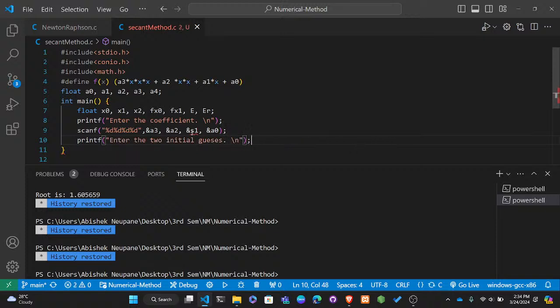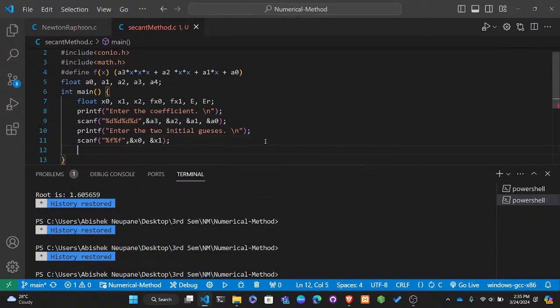The spelling is a mistake, but that doesn't matter. Here will be %f %f, and these values will be stored into x0 and x1. Finished. So the inputting part is finished.